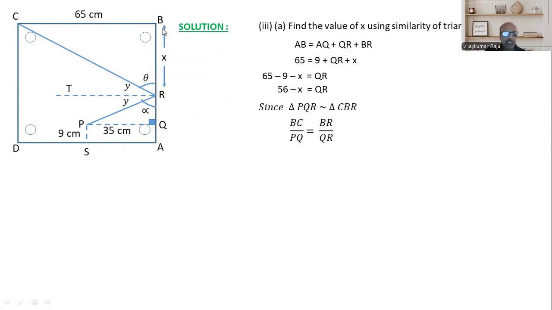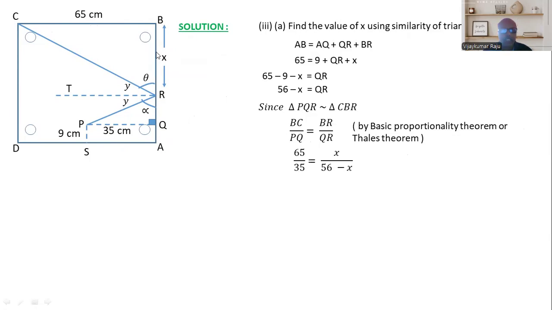You may take this as a base or that as a base. Why? By the basic proportionality theorem or Thales theorem. So now let's put the values. BC is 65, PQ is 35, BR is X and QR is 56 minus X.